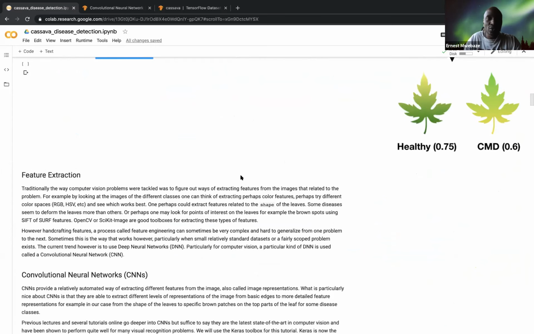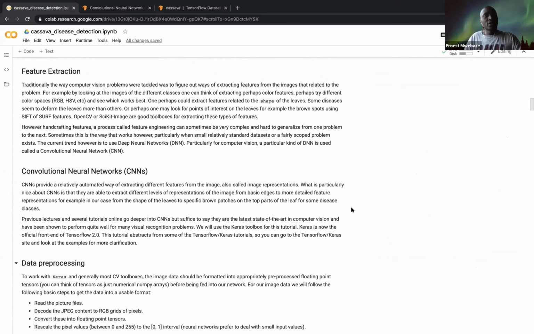Okay, so feature extraction. This tends to be an important part when you're thinking of whether this problem can be solved by computer vision. Sometimes a good proxy of whether a problem is a good computer vision problem is whether an expert can visually differentiate things.